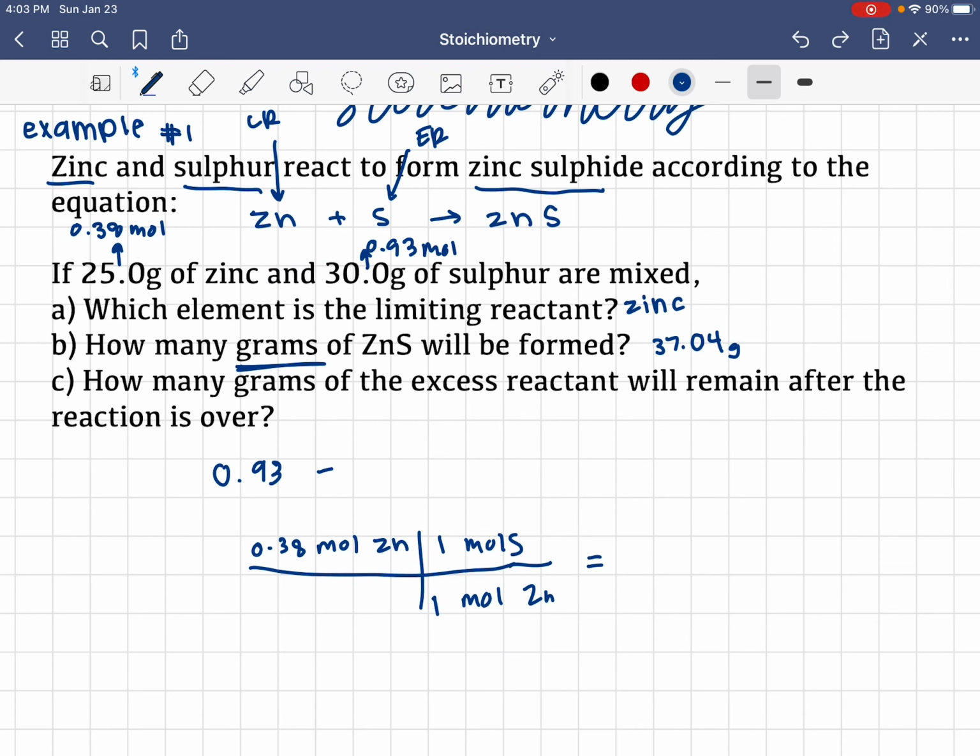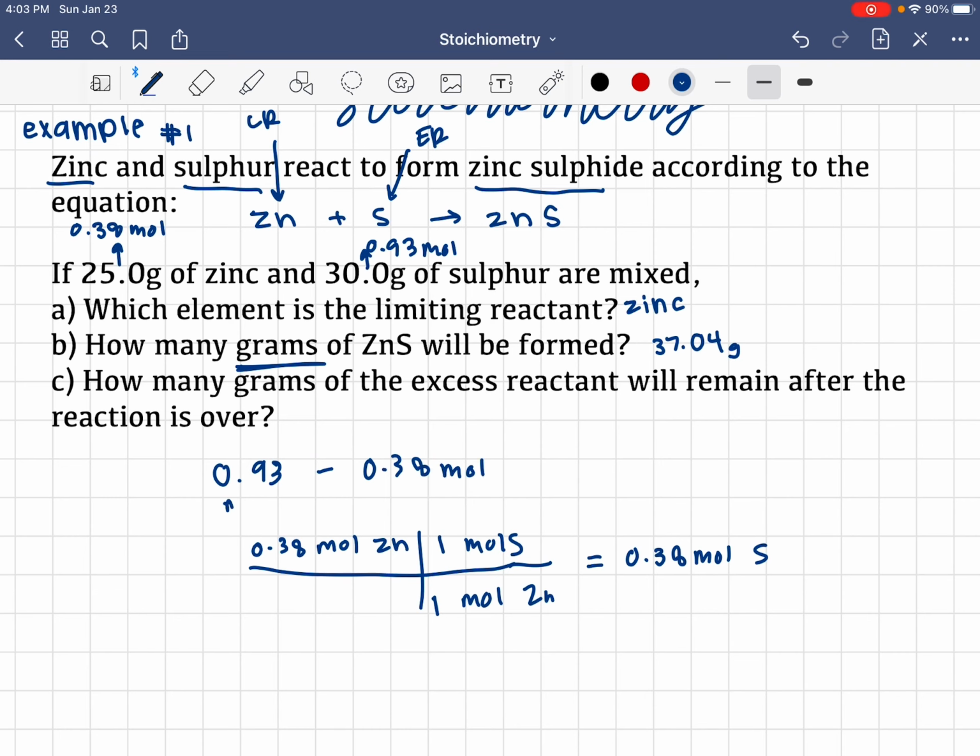You see 1 mole of sulfur and then 1 mole of zinc. So our ratio is just 1 to 1, which means 0.38 moles of sulfur is required to react with 0.38 moles of zinc. So that's how much the reaction uses.